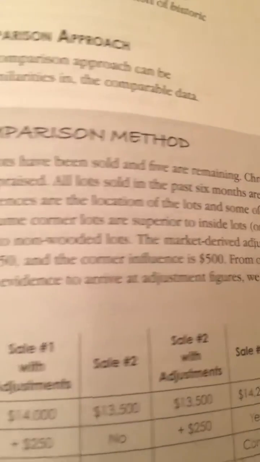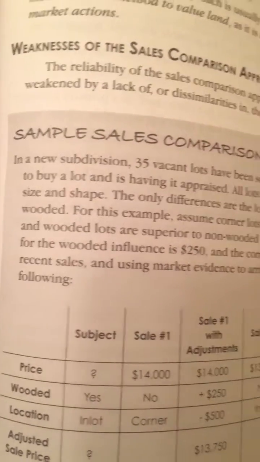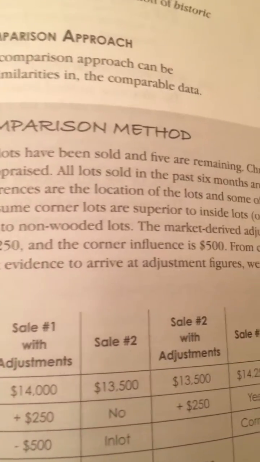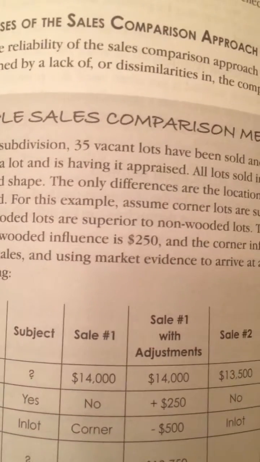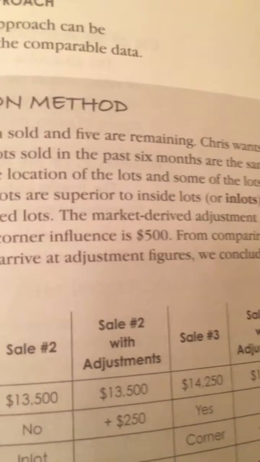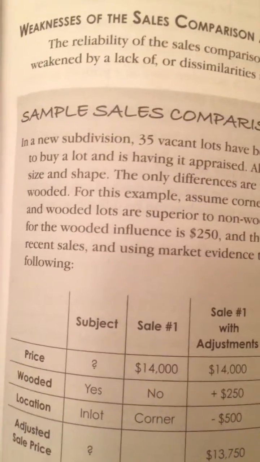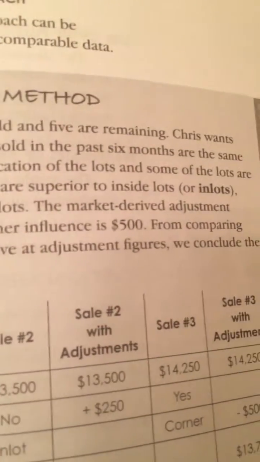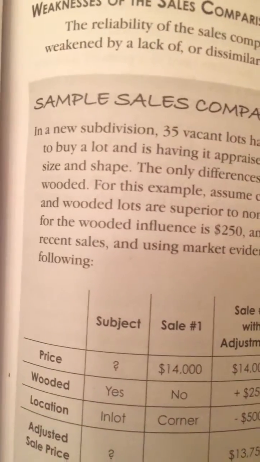Sample sales comparison method. In a new subdivision, 35 vacant lots have been sold and 5 are remaining. Chris wants to buy a lot and is having it appraised. All lots sold in the past 6 months are the same size and shape. The only differences are the location of the lots, and some of the lots are wooded.